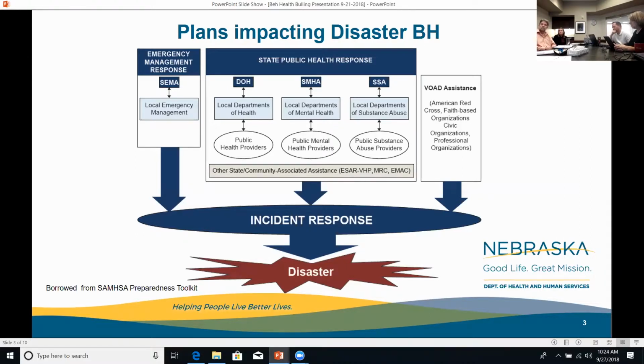Local, state, and voluntary organization resources and plans should all be coordinated using incident command principles, ICS, and the National Incident Management System, NIMS. And behavioral health generally falls under public health. Thus, it's public health that must understand and activate us, we who are part of the disaster behavioral health response.